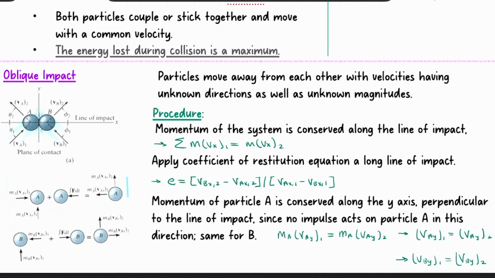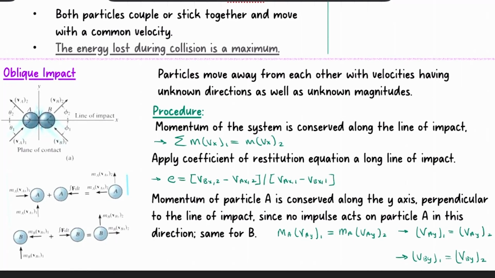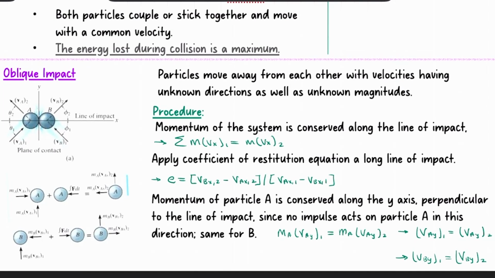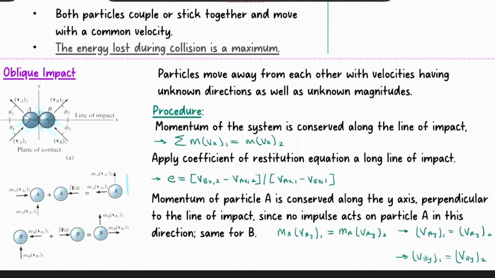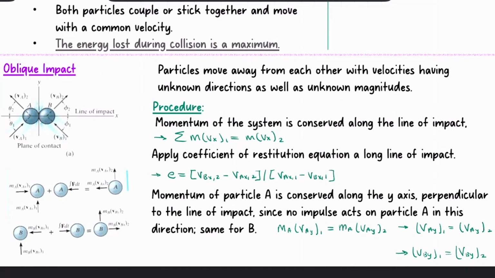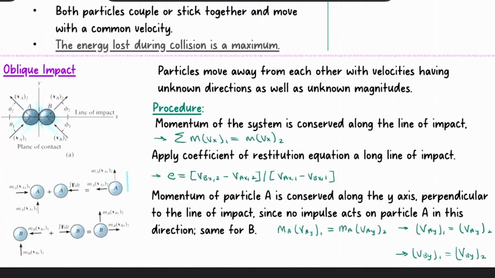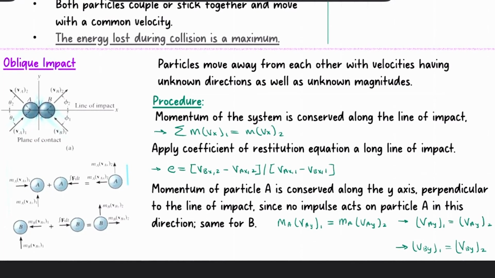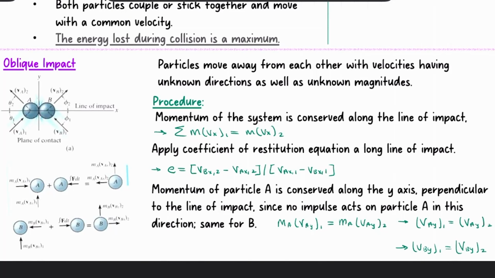We can do the linear impulse and momentum in the x-axis, for example, and then the conservation as well in the y-axis. Combine them at the end, get the magnitudes, and that way we can find whatever we're looking for. For these oblique impacts, it's best to break up the velocities into their components, for example x and y, or whatever other system you are working with, and also determine in which axis conservation of momentum is being kept, whether it's the x-axis or the y-axis and so on.